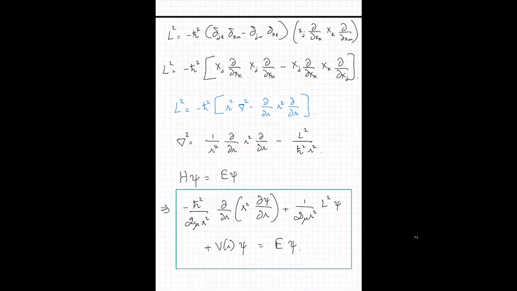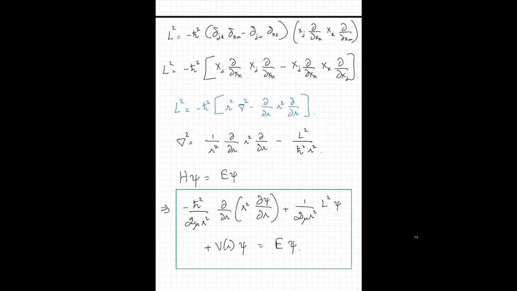Okay, so I can now proceed to solve this differential equation by claiming that if I know the spectrum of L square, I know everything about the angular dependence of psi. And once I know everything about the angular dependence of psi, I can use a simple separable solution method to figure out how psi depends on the radial coordinate r.